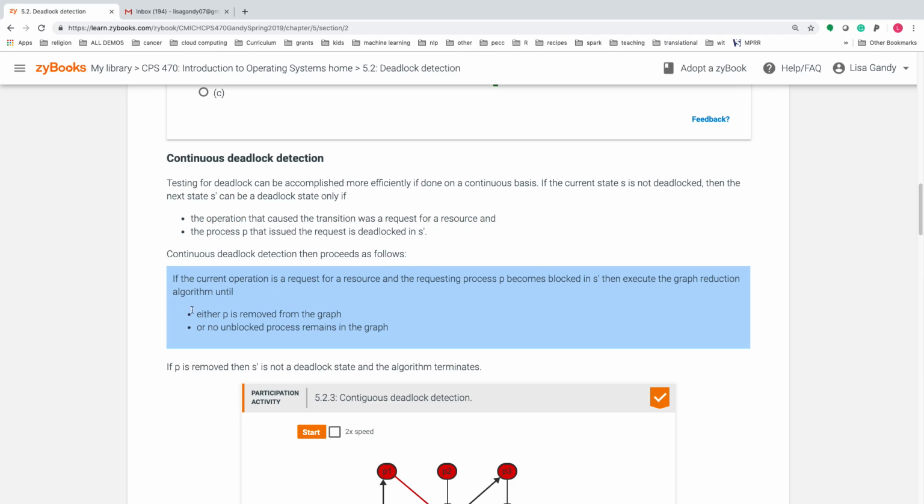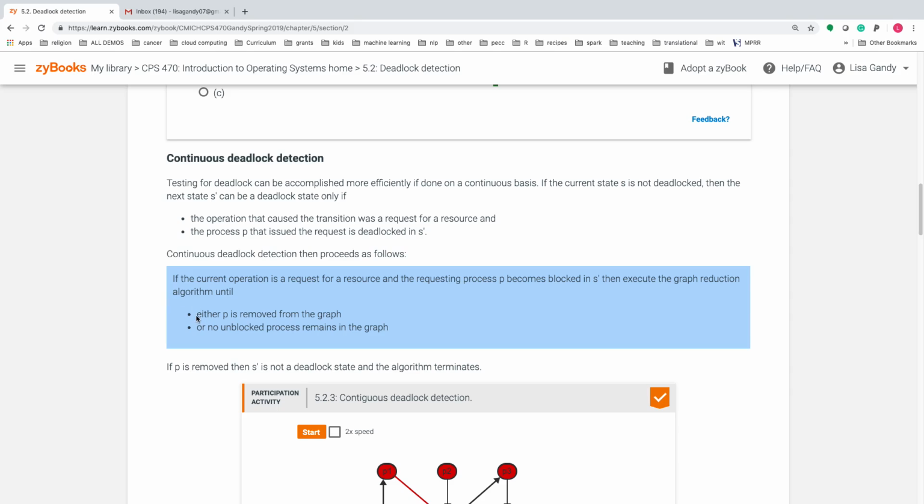Okay. So because of this rule, this is what we're going to do. If the current operation is a request for a resource and the requesting process becomes blocked in the next state because of that, then we're going to execute the graph reduction algorithm. S prime is the next state, as a result of doing the request.